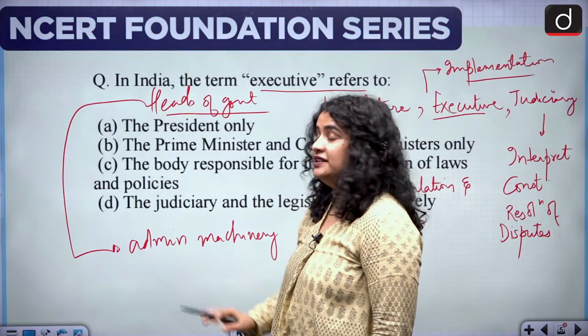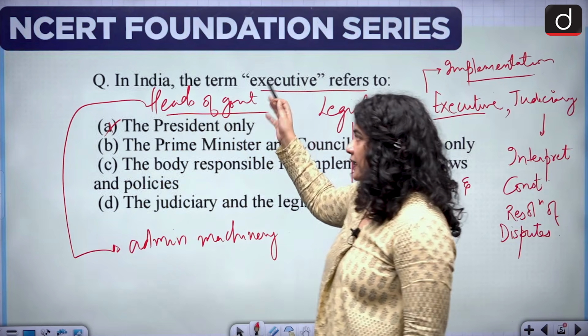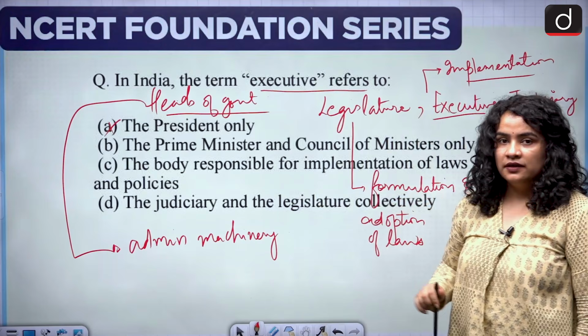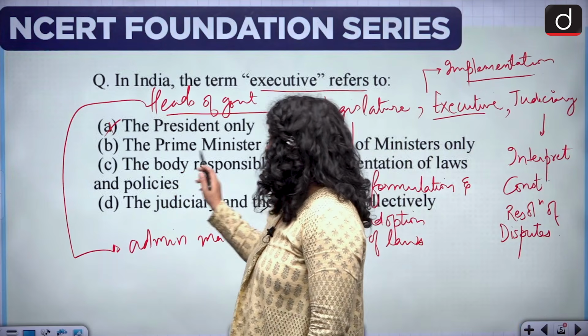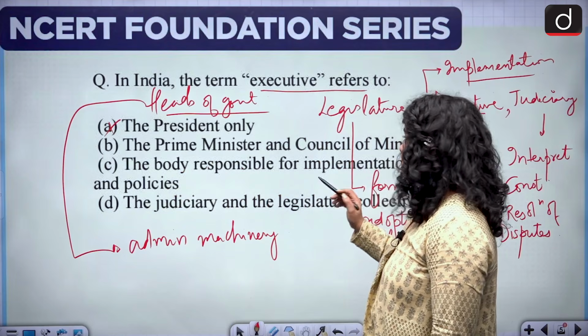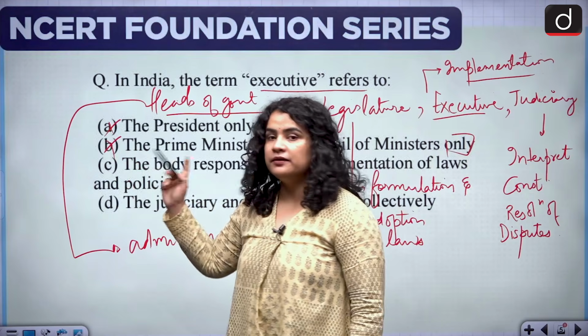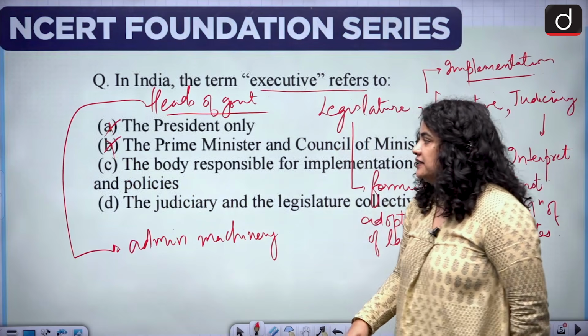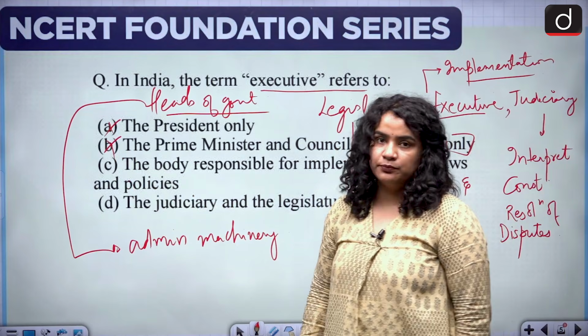A says the president only. No, we know that it concerns heads of the government as well as various permanent executives as well. Option B says the prime minister and council of ministers only. No, so this gives a very incomplete picture. Option C says the body responsible for implementation of laws and policies.